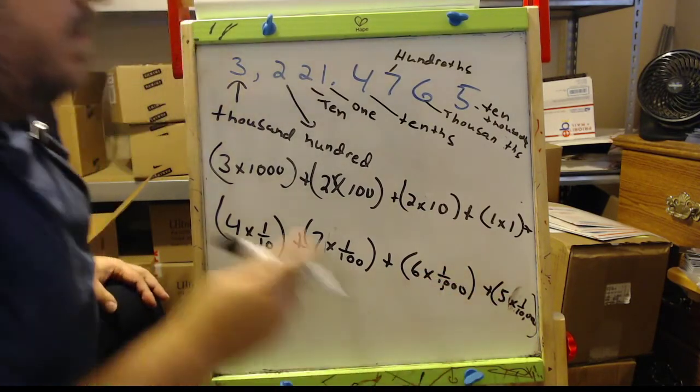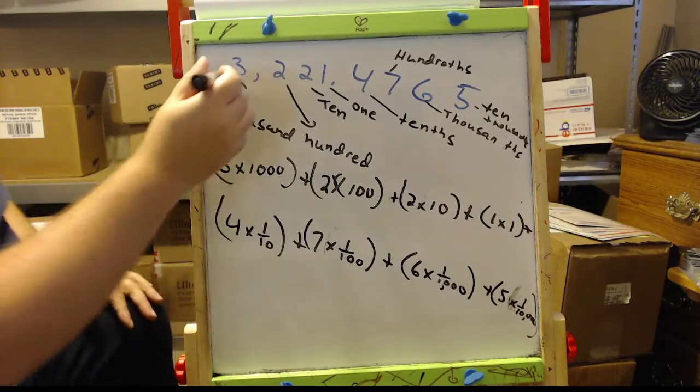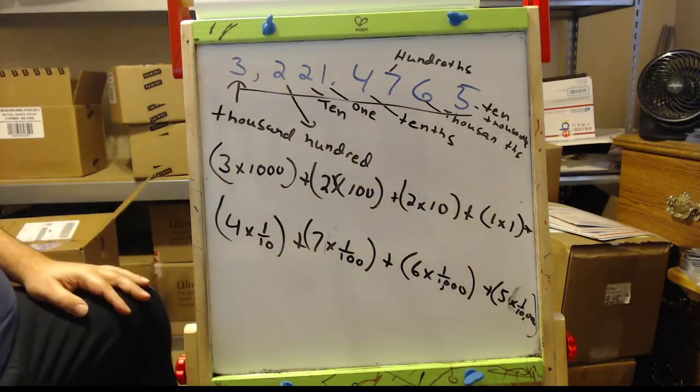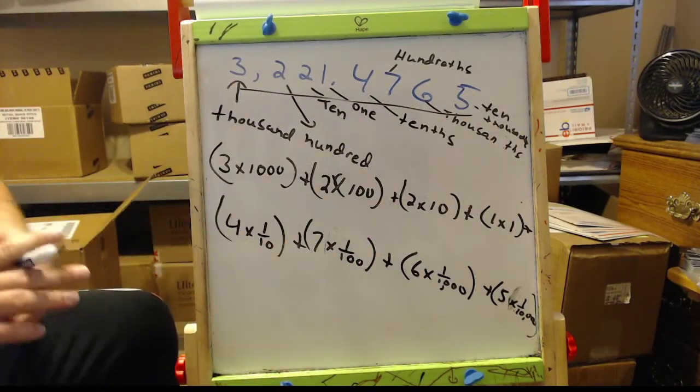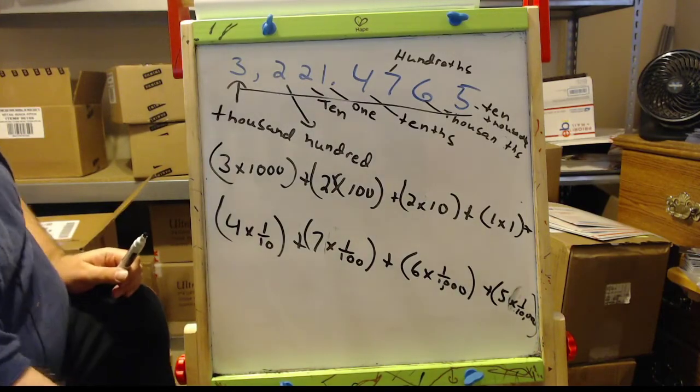Now if I were to do all this math, I would end up with this number right here. So this is called expanded notation on our decimal.